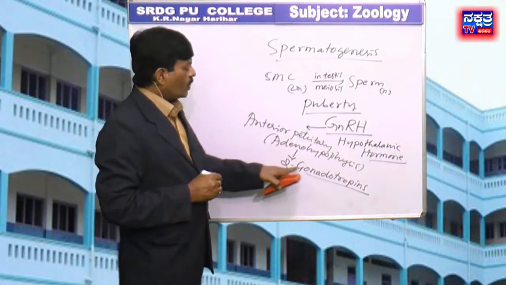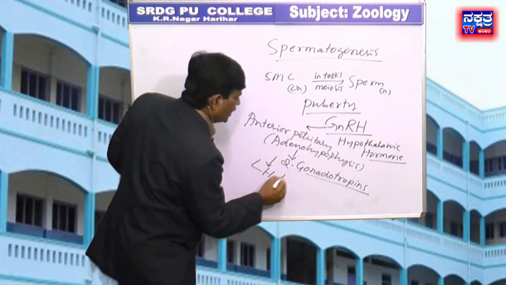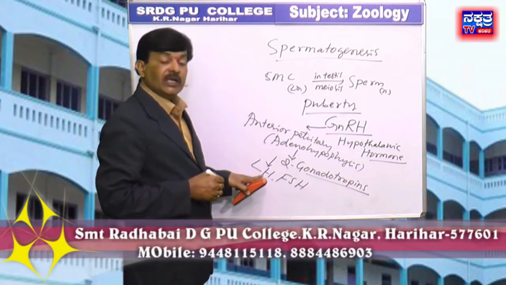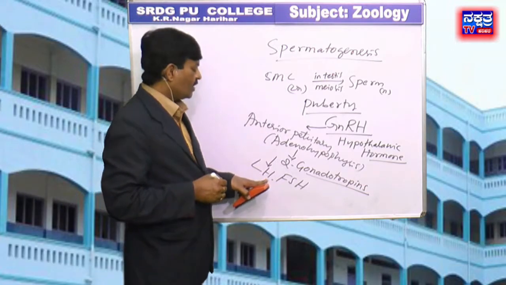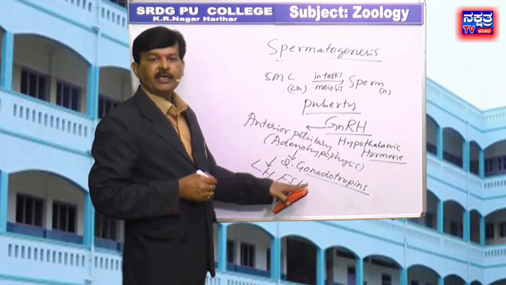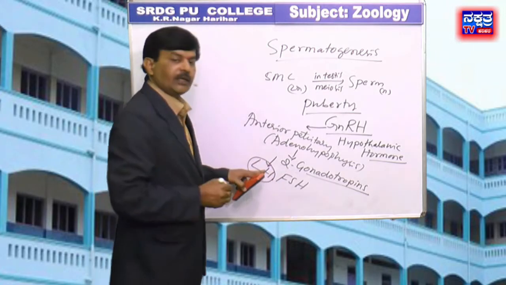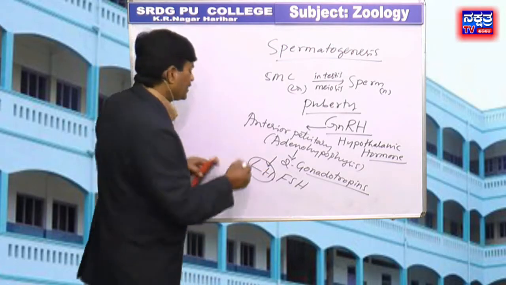The two gonadotrophins are LH and FSH. LH is nothing but luteinizing hormone and FSH is called the follicle stimulating hormone. The LH, luteinizing hormone, acts on the Leydig cells.